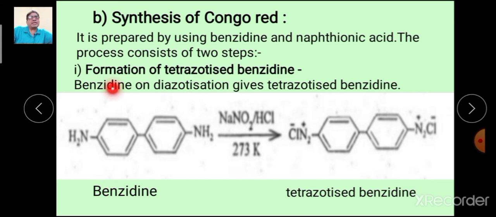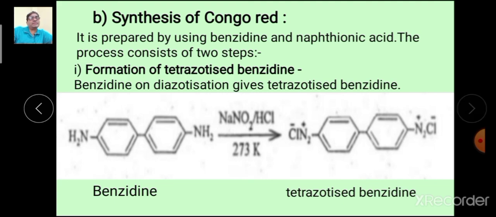The starting material is benzidine, which on diazotization gives tetraazotized benzidine. This is benzidine, diazotization, tetraazotized. These are two diazo groups, therefore tetra, 4, and therefore it is a tetraazotized benzidine.